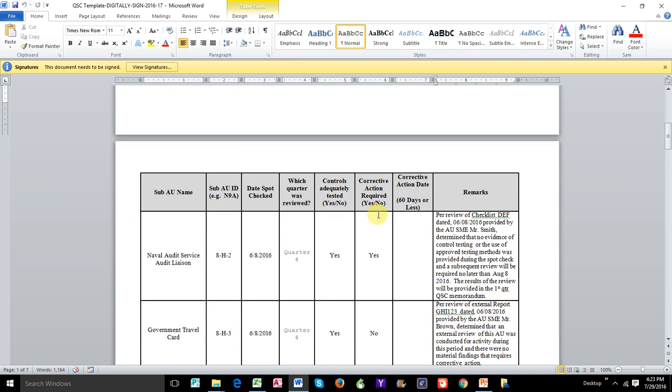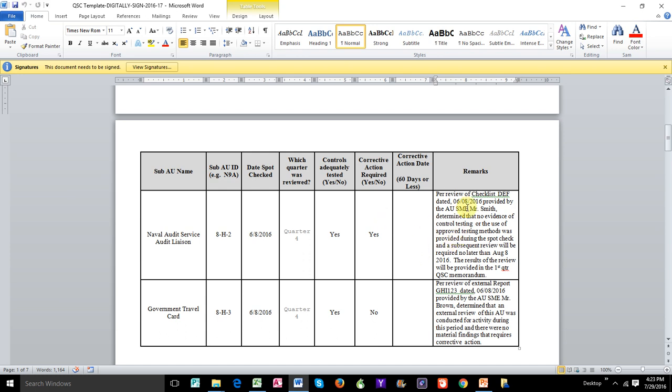If there did have one, such as this, it would say, per review of checklist DEF provided by AU SME Mr. Smith, there is no evidence of control testing or the use of an approved testing method provided during the spot check, and a subsequent review will be required no later than August 8th.